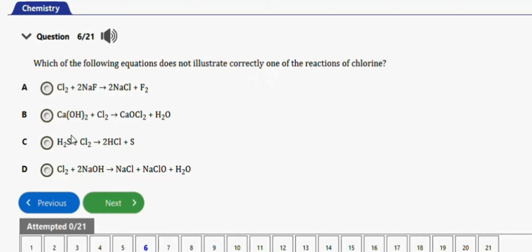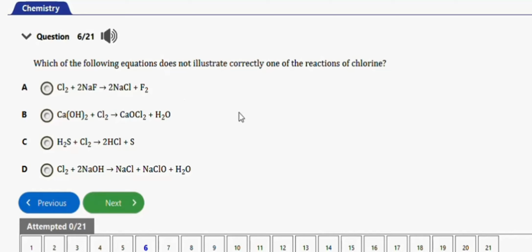So it's not option B, option B is a reaction with chlorine. Option C is a reaction with chlorine. Option D is a reaction with chlorine. So it's option A. Option A is the exception here. This equation does not correctly illustrate a reaction of chlorine. Okay, so the right option is option A.